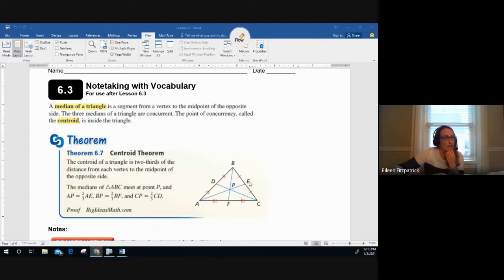The distance from B to P, so from the vertex to the centroid, is equal to 2/3 of the entire segment. And the distance from C to P is equal to 2/3 of the entire thing.